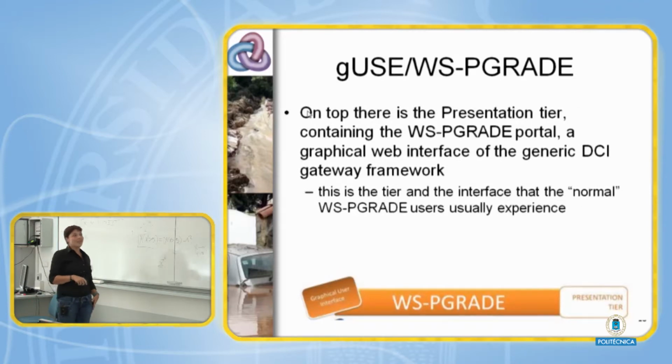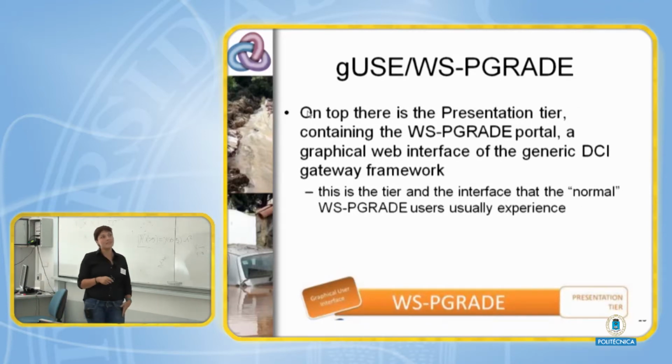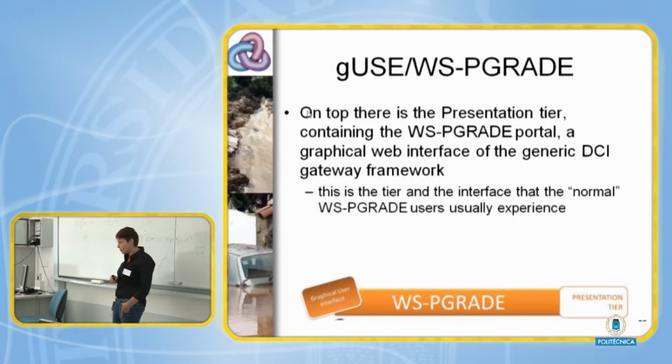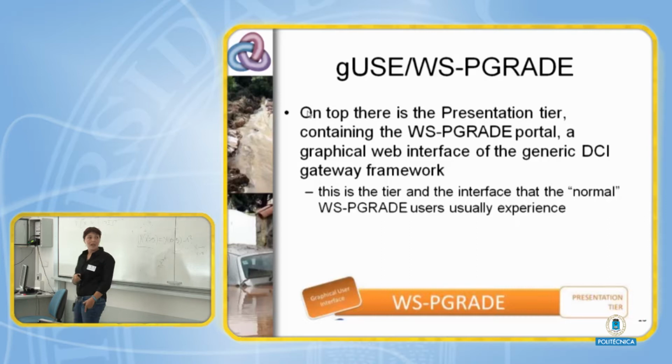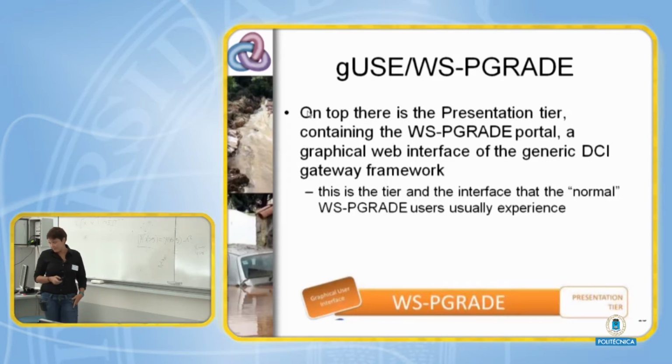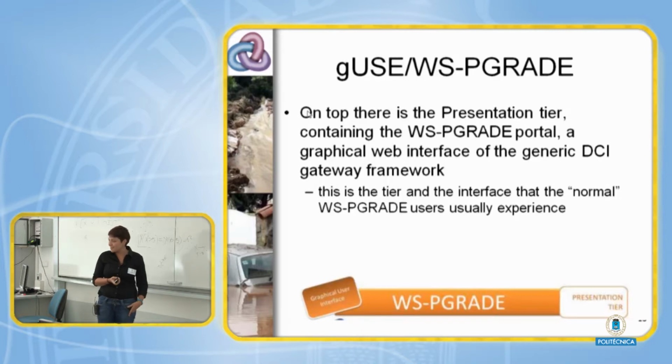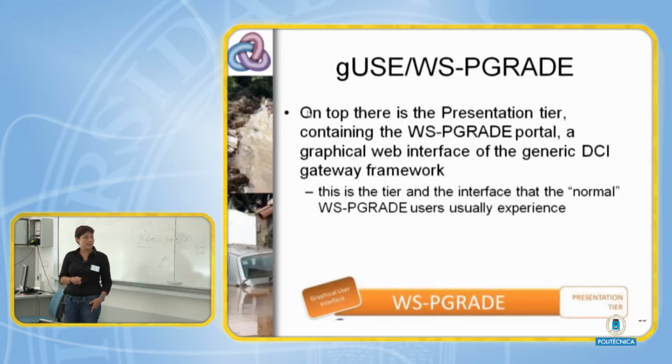In fact, the tier that is usually experienced by normal users of this kind of architecture is the presentation layer. So the layer with which WSP grade presents its capabilities. That is a graphical user interface.